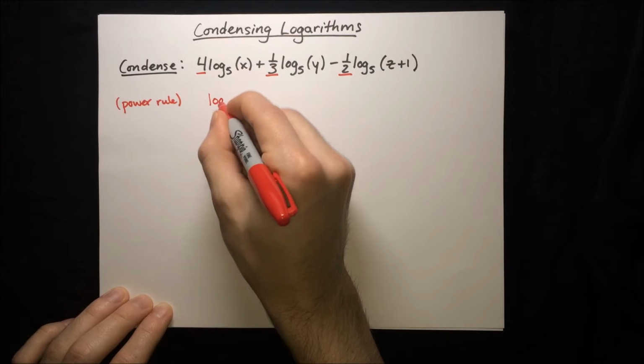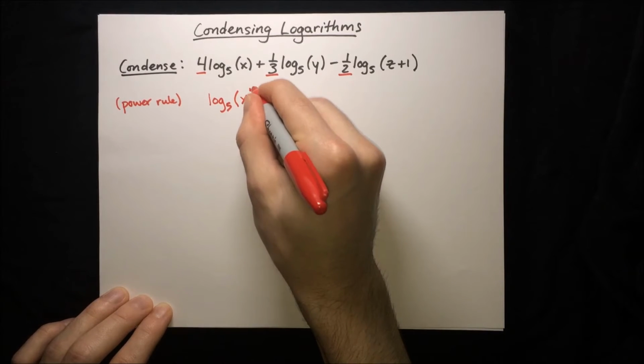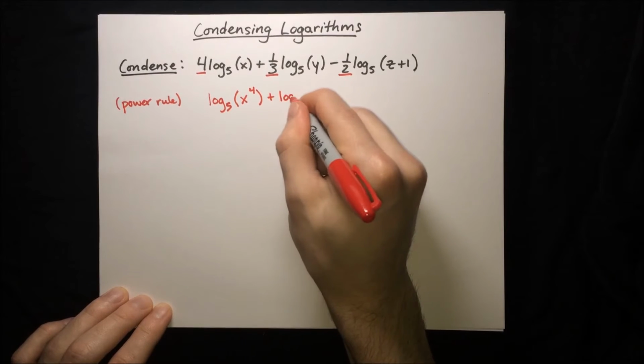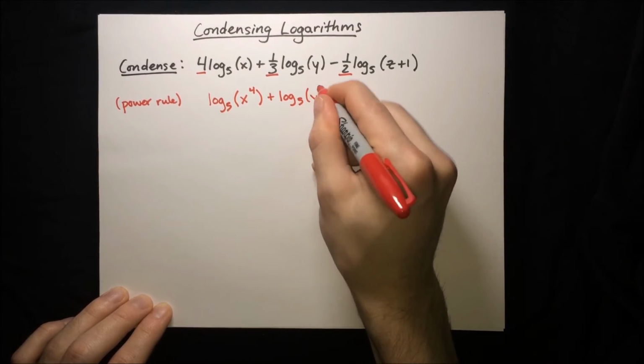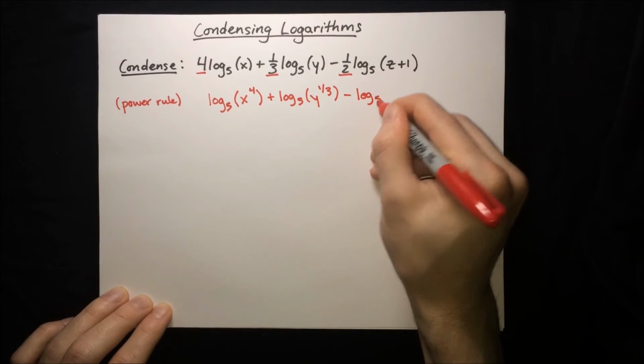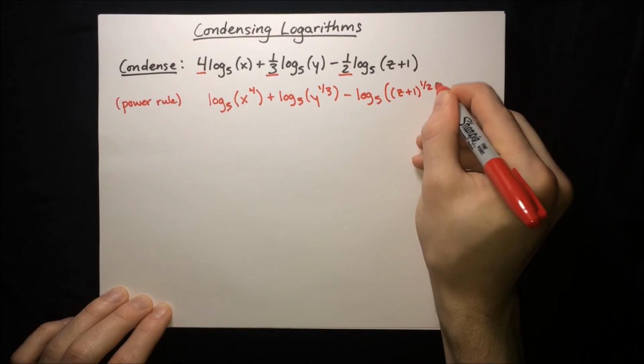So this first log becomes log 5. The 4 moves from the outside onto the x exponent. So log 5 x to the 4th, then we've got plus log 5 y to the 1/3, and then minus log 5 of the quantity z plus 1 to the 1/2.